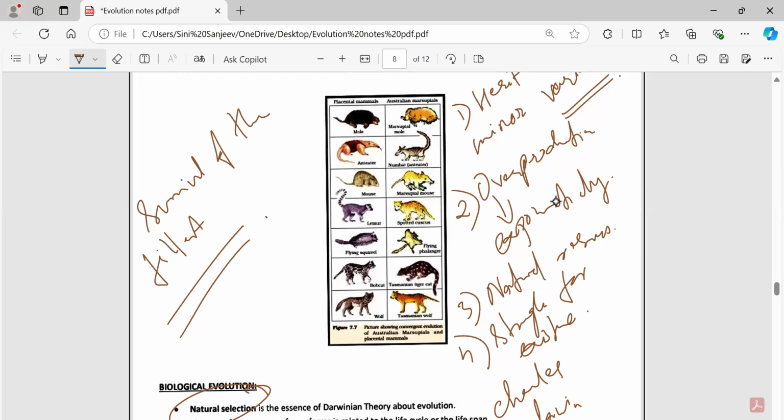So these organisms are going to survive as well as reproduce. In this way, survival of the fittest may lead to a change in the population characteristics, and you may get different variations in the organisms living. Okay, so these are all the facts based upon natural selection, which is given by Darwinism.